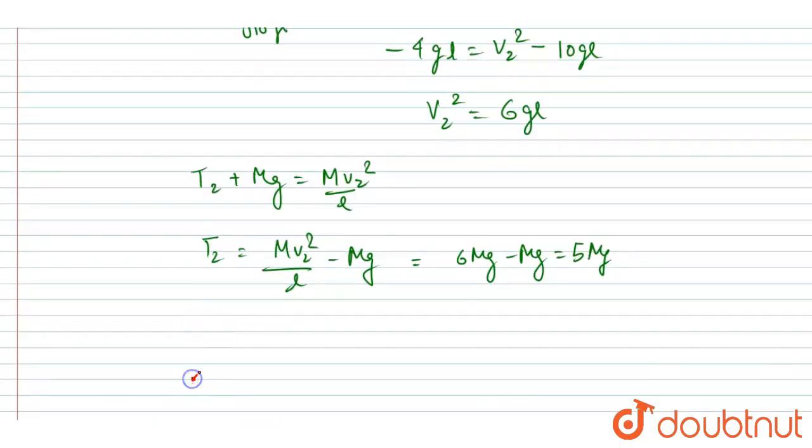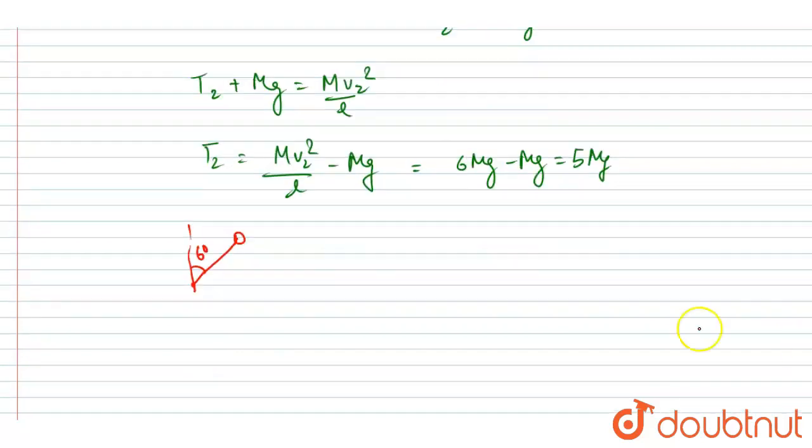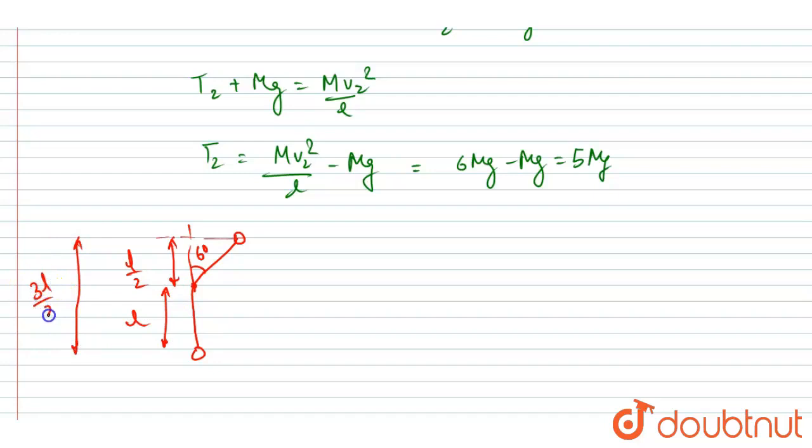Now if you see the diagram, this will be the position, and this angle will be 60 degree, right? The initial position was this. This distance is L cos theta, that is L by 2, and this distance will be L, right? So you can see this total distance is 3L by 2.